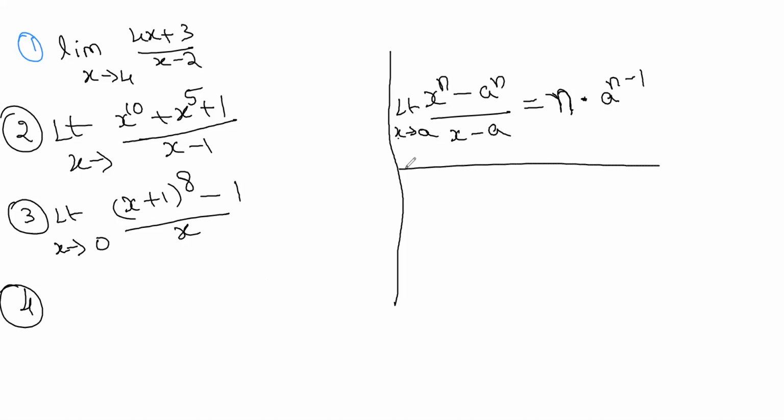After this we have the trigonometric limits, right? Limit x tends to 0. Instead of limit, LIM, I can write it as LT also. This is another form of writing a limit.